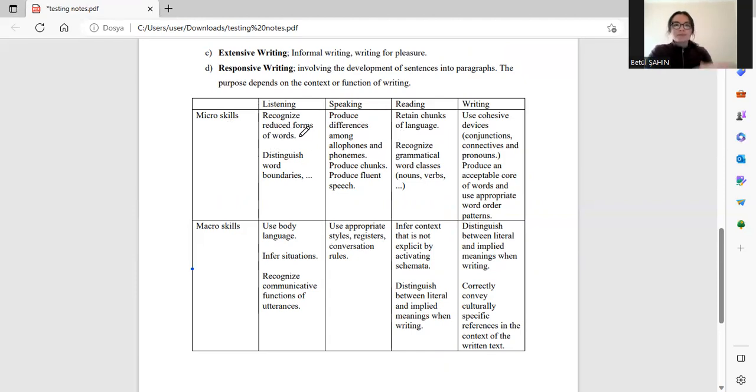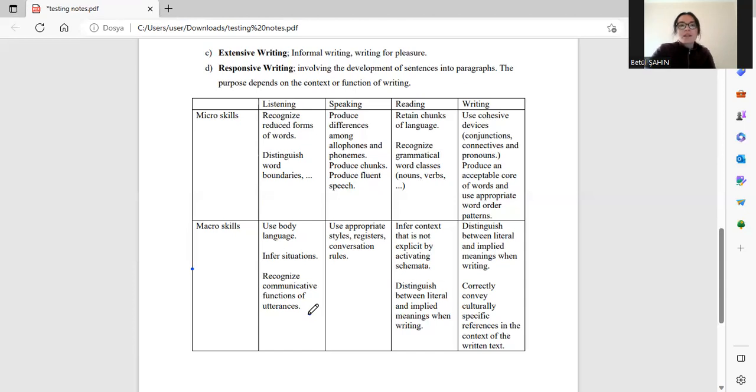For example, listening micro skills: recognize reduced forms of words, distinguish word boundaries, etc. Macro skills: use body language in first situations, recognize communicative functions of utterances.